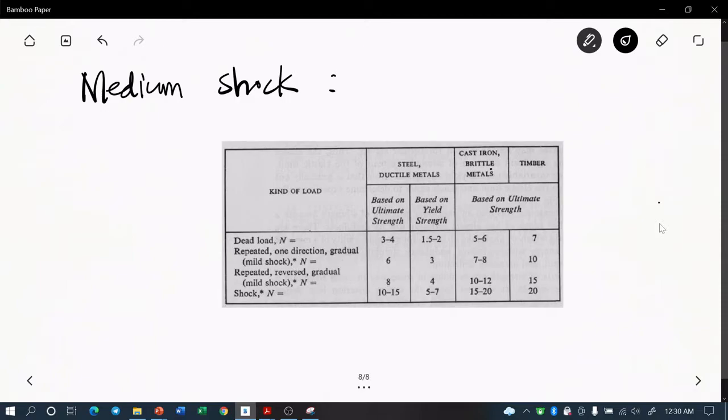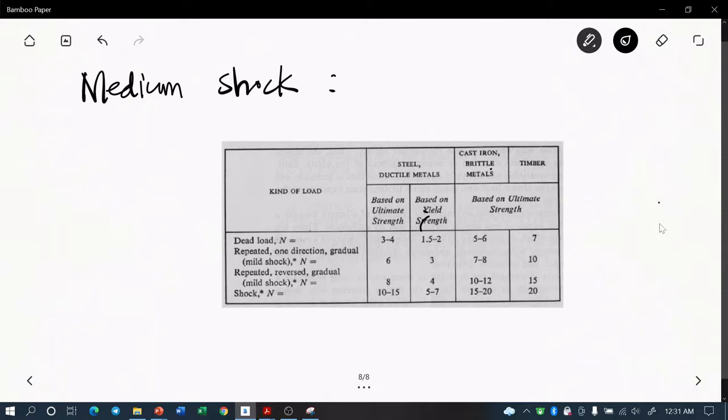But since our material here is steel, we are more concerned with looking up the value of the design factor in this column. So it is medium shock, and we're going to assume that the medium shock is one directional and gradual.